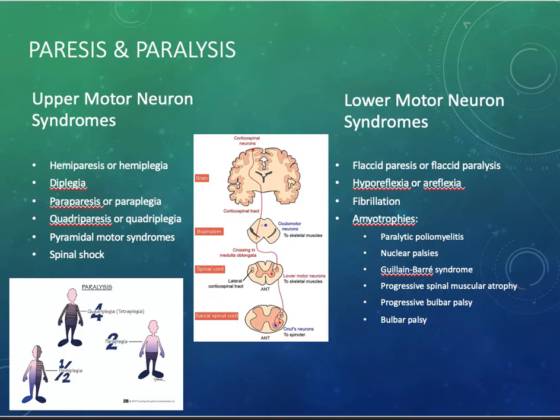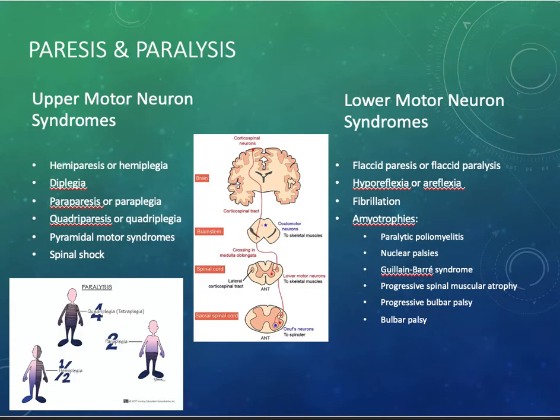Moving on to paresis and paralysis as symptoms. Here we need to distinguish between the upper motor neurons and the lower motor neurons. So remember that your upper motor neurons originate in the cerebral cortex and they go down to the brain stem or spinal cord. But your lower motor neurons begin in the spinal cord and then they go to muscles and glands.